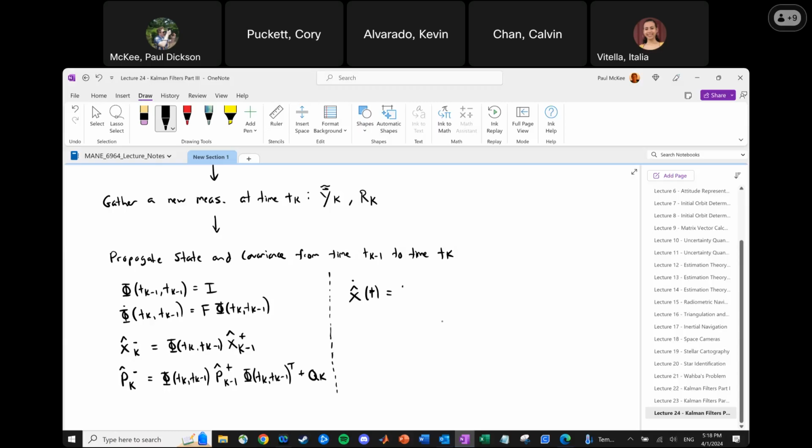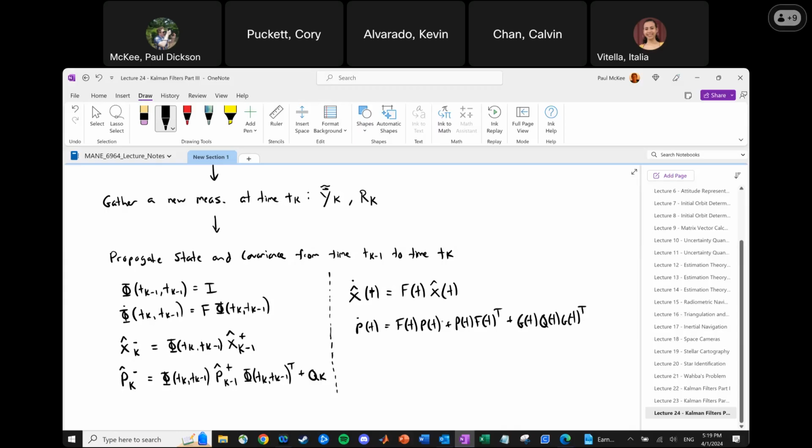X dot of t is f of t, x of t, and P dot of t is F of t P of t plus P of t F of t transpose plus G of t Q of t G of t transpose. So we've got two different possible ways of doing this. One is we use the state transition matrix and some matrix math to get us from our old state to our new state.